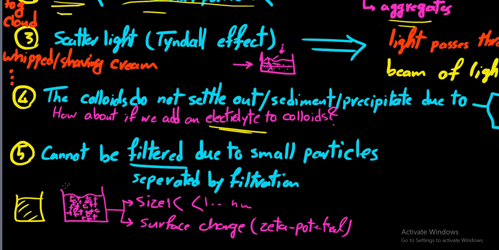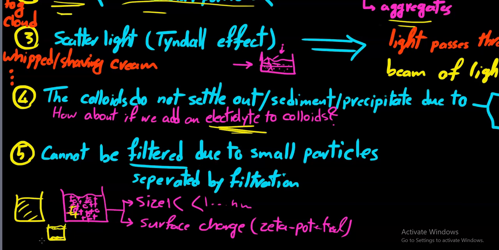What will happen? When you add an electrolyte, it will neutralize the surface charge. So when we neutralize the surface charge on the particles, because of gravity these particles will sediment at the bottom or precipitate. Or sometimes when they are less dense than water, they will cream at the surface of the container. Anyway, there will be two phases.